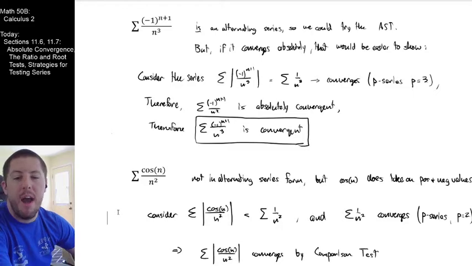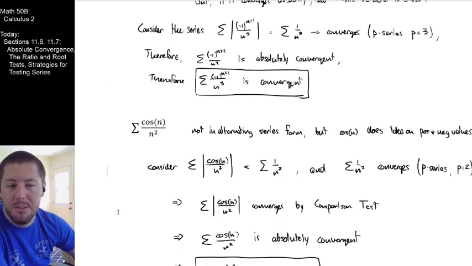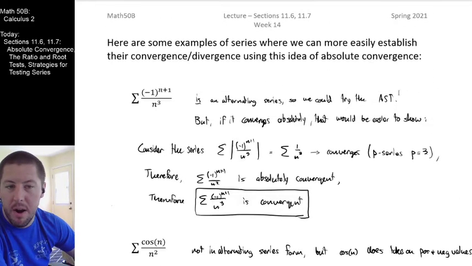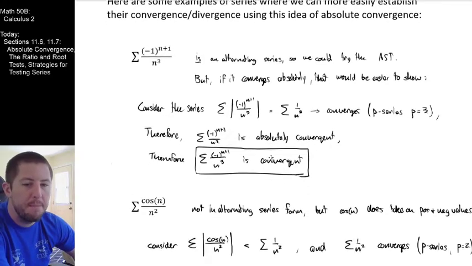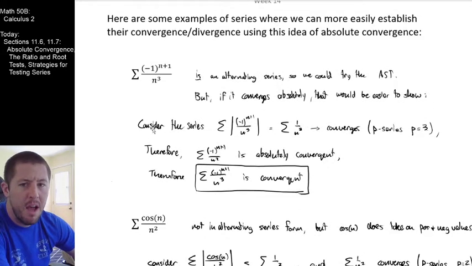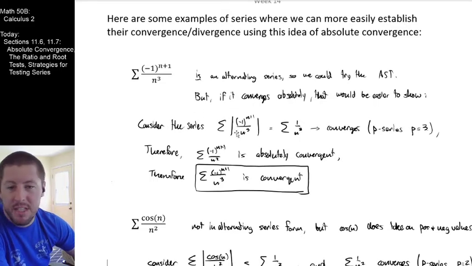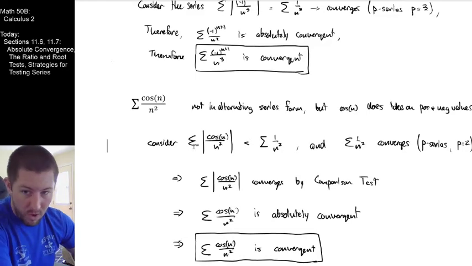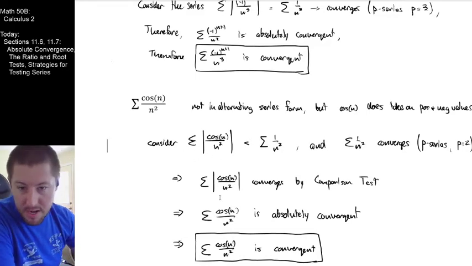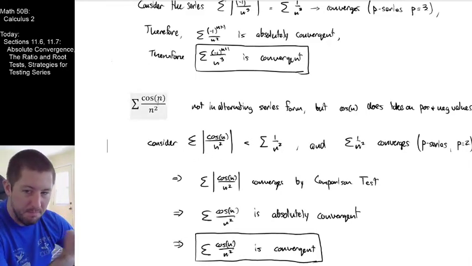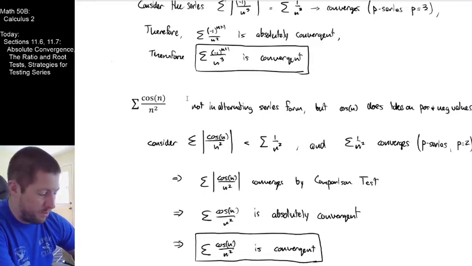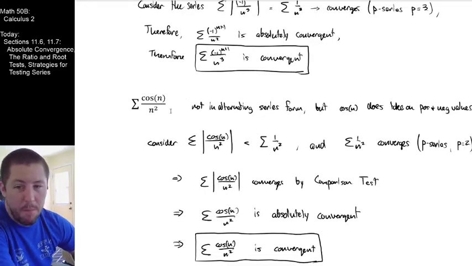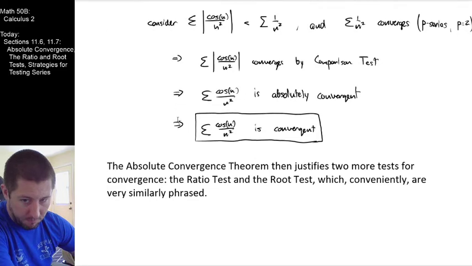That's our prime scenario to consider absolute convergence rather than other possible tests. So these are two samples of when you could check for absolute convergence. I think it's the easiest way to do the first one, but it's definitely not the only way. Here's one where I think this is by far the best way. It's really set up for absolute convergence because we don't perfectly alternate sign every term.